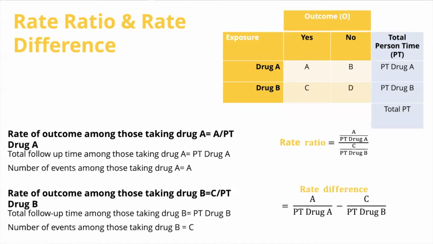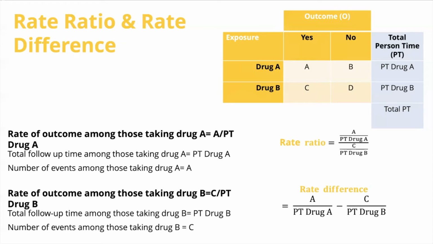So the other measure of association we can look at is rate ratios and rate differences. Typically these are what you want to calculate when you have person time of follow-up included in your study. When we go back to our example study, you see that there are no risk ratios or risk differences or risks really reported.